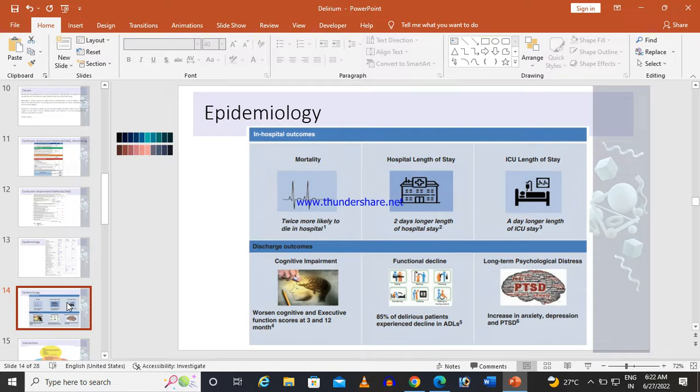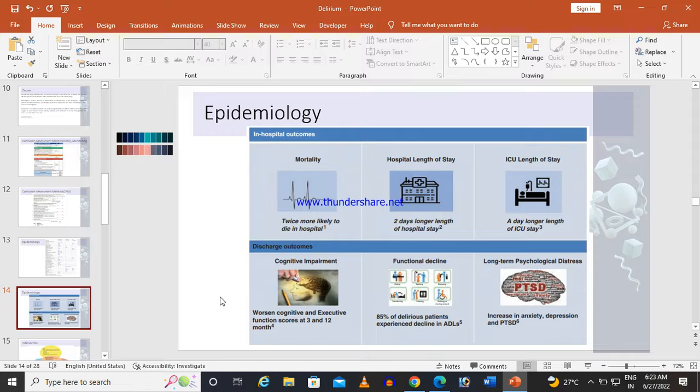After discharge, there is also cognitive and executive dysfunction. It was observed in a study of some patients that those discharged from hospital after delirium had severe cognitive and executive dysfunction after 3 and 12 months also.